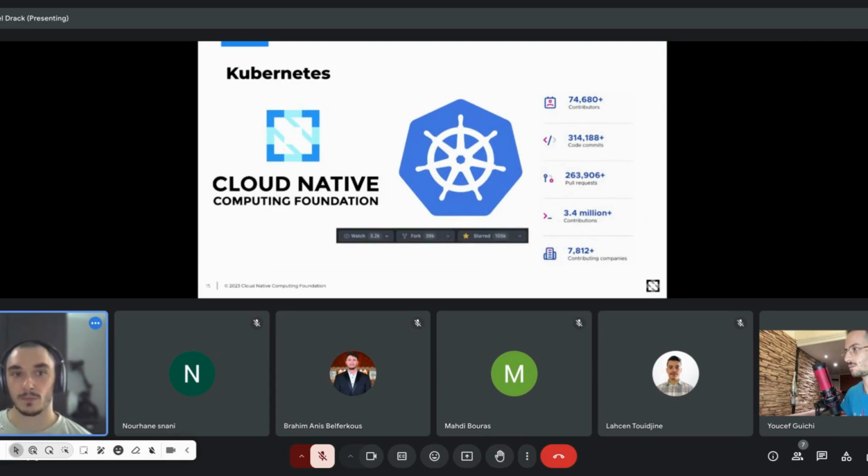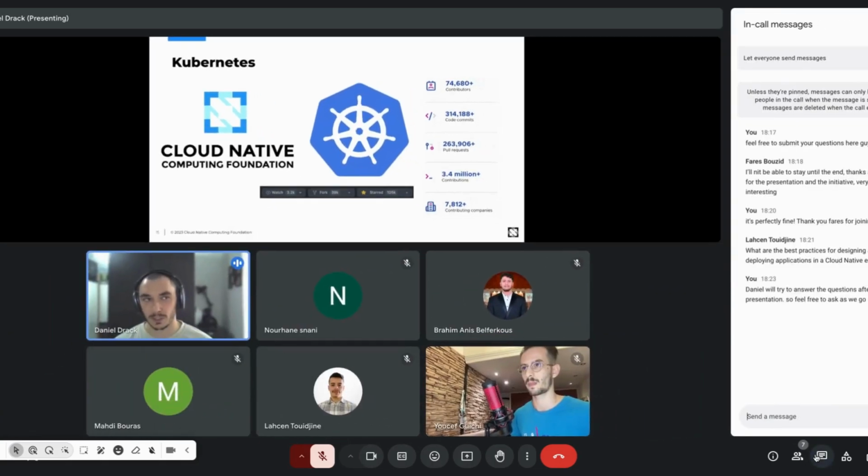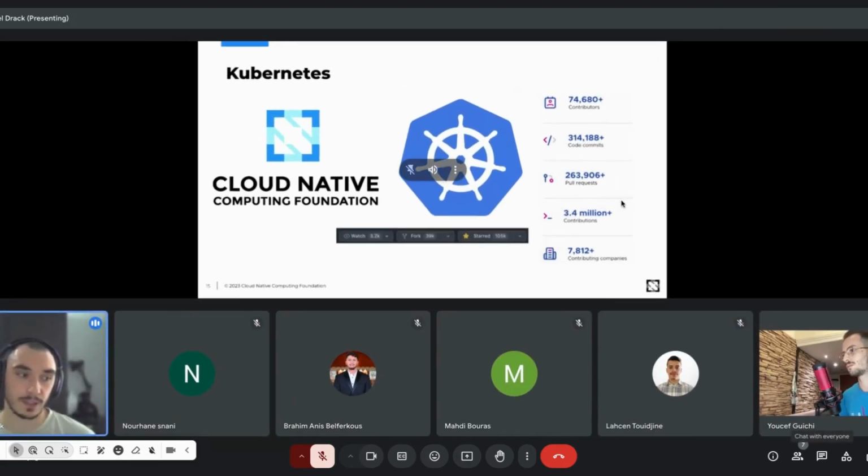And then there we have the kind of the most important project and the project that started it all off, Kubernetes. Back in like 2014, 2015, 2013 maybe, there used to be Docker, which was kind of the first company that actually made the container technology publicly available and easily usable.